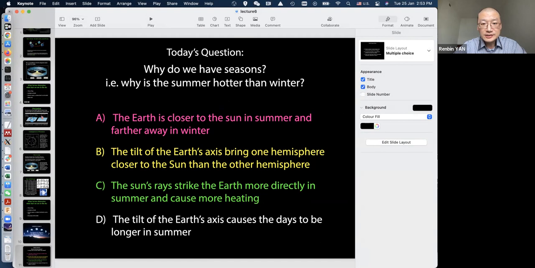Why do we have seasons? Is it because the Earth is closer to the sun in summer and farther away in winter? Or is it because the tilt causes one hemisphere to be closer and the other hemisphere to be further? You can select multiple options. You don't have to select just one.